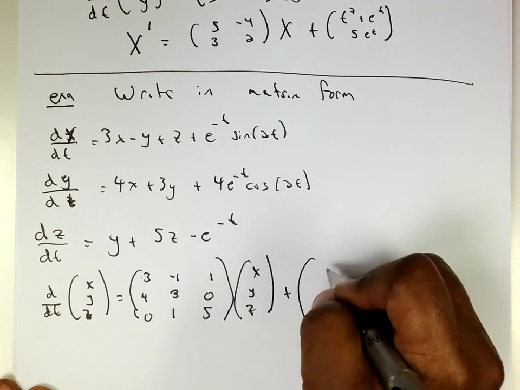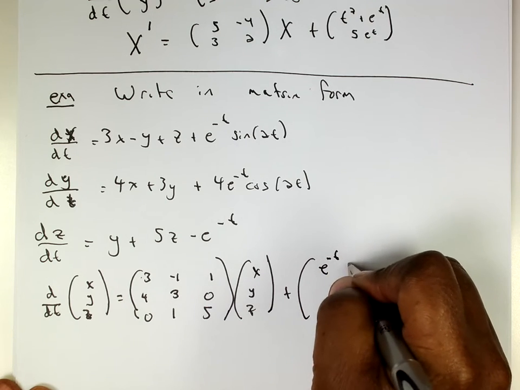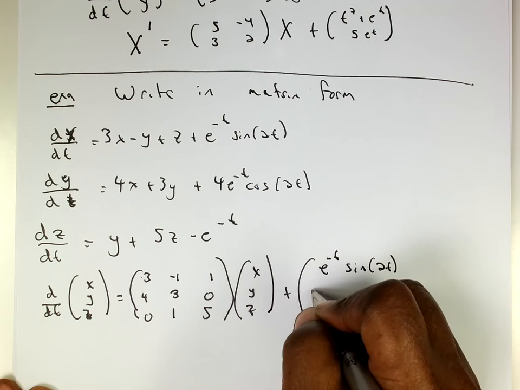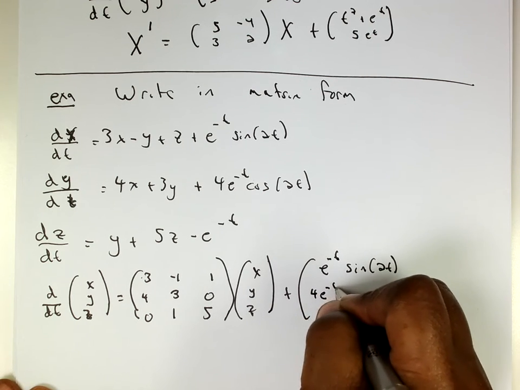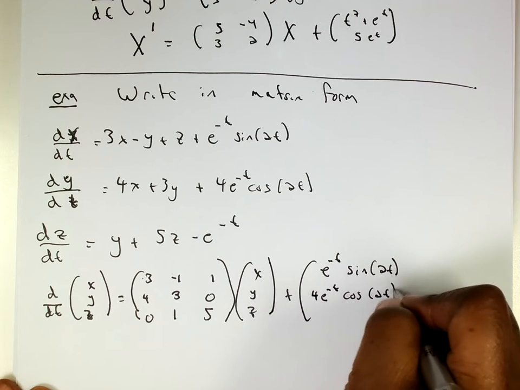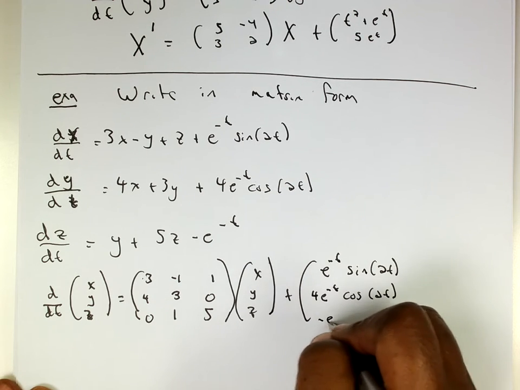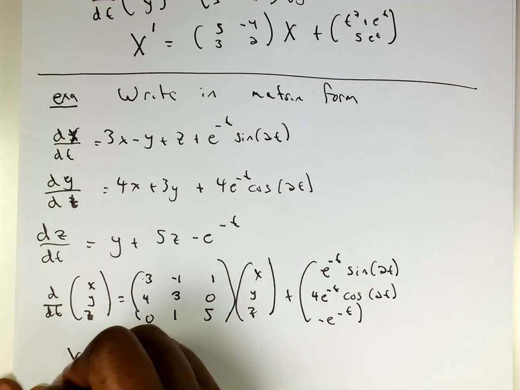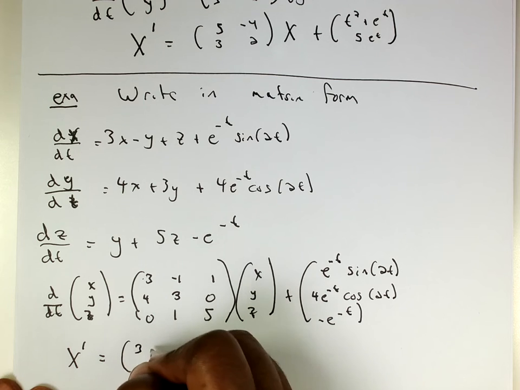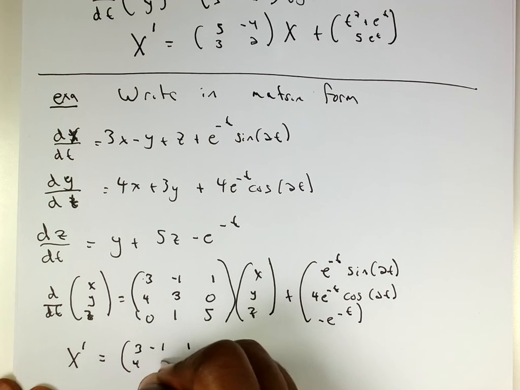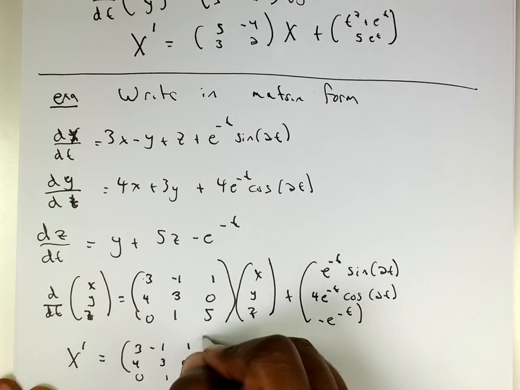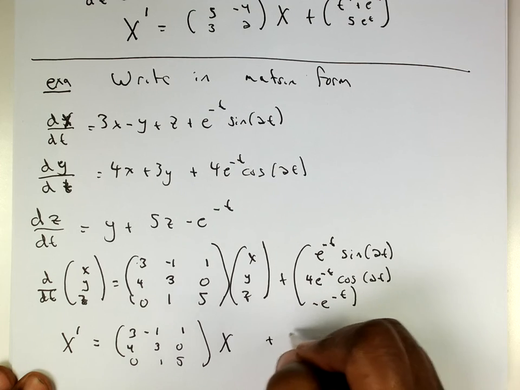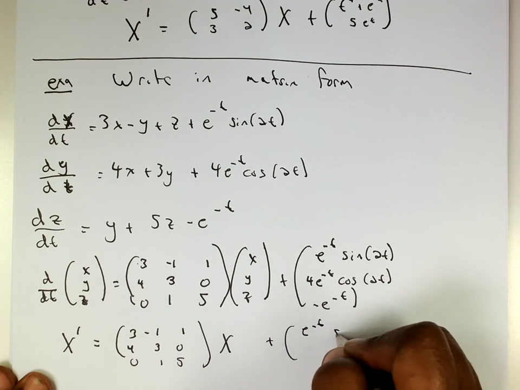And then the non-homogeneous part: e to the negative t sine of 2t, then 4e to the negative t cosine 2t, and negative e to the negative t. And we can rewrite that as x prime is that coefficient matrix times x, which is just the column matrix, plus f of t.